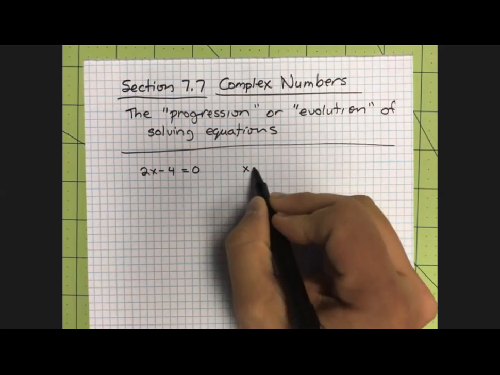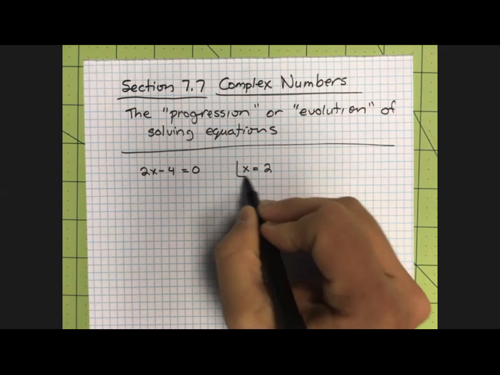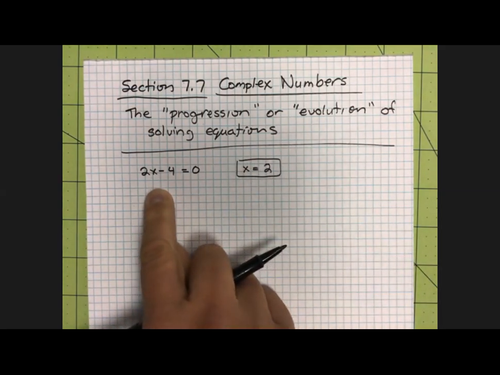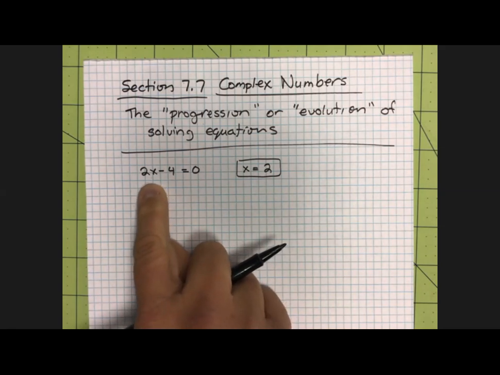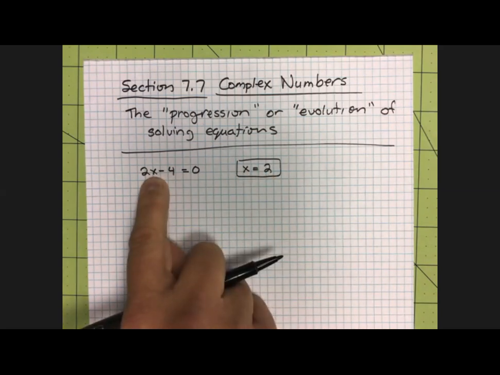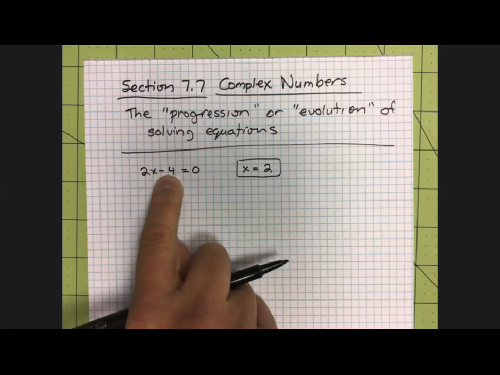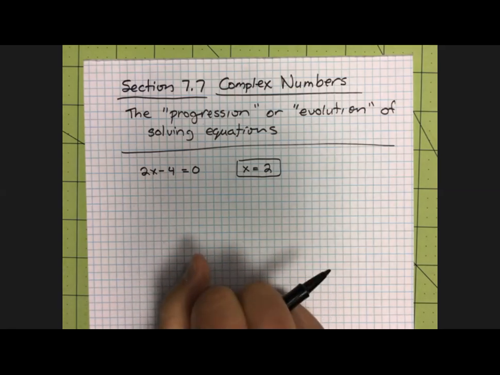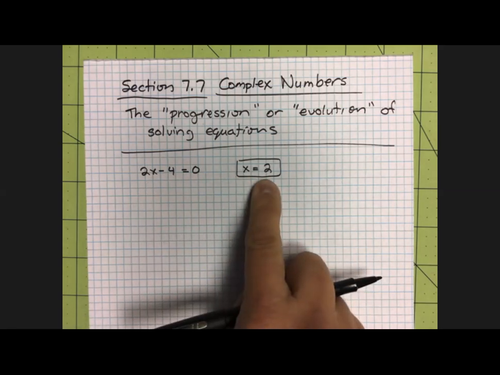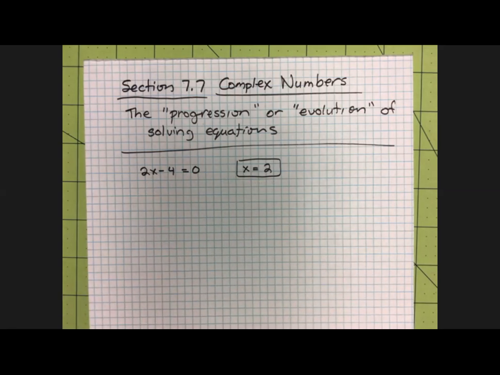You just say, oh, I know the answer. The answer is 2. Even if someone challenged you, you wouldn't be fazed in any way because you could just take the 2, stick it in there. 2 times 2 is 4. 4 minus 4 is 0. So you got the problem, you got the answer, you can back it up. You're very, very happy.